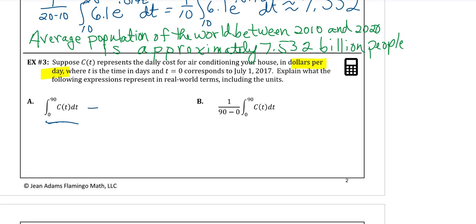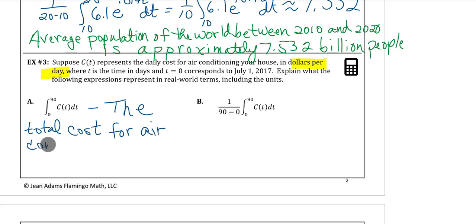So this is going to be the total cost for air conditioning, and we want to figure out how far 90 days is.